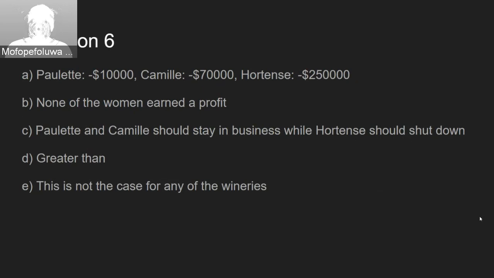And then for part E, for which of these wineries, if any, is the price greater than the average total cost? And that is not the case in any of the wineries, as the price is the average revenue, and the average total cost is going to be greater than the average revenue if the total cost is greater than the total revenue, which is the case in all 3 wineries.